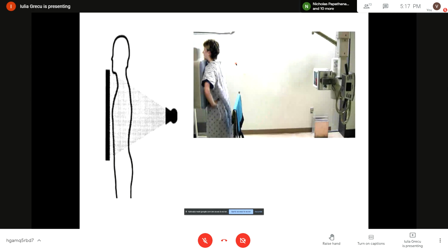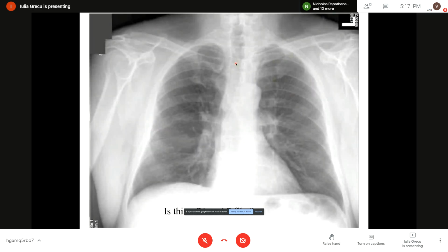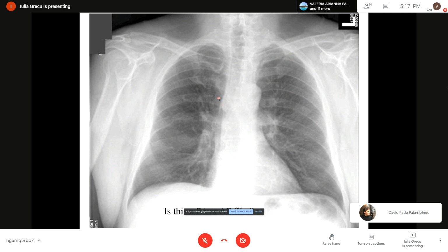Okay, so sometimes when we analyze chest X-rays, even if it is done correctly and in a posterior-anterior view, there are some areas of the lung that we consider hidden areas, in which we can easily miss some problems.